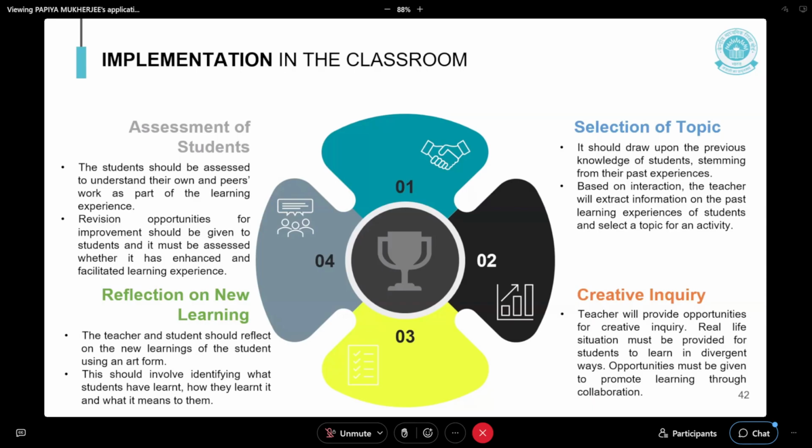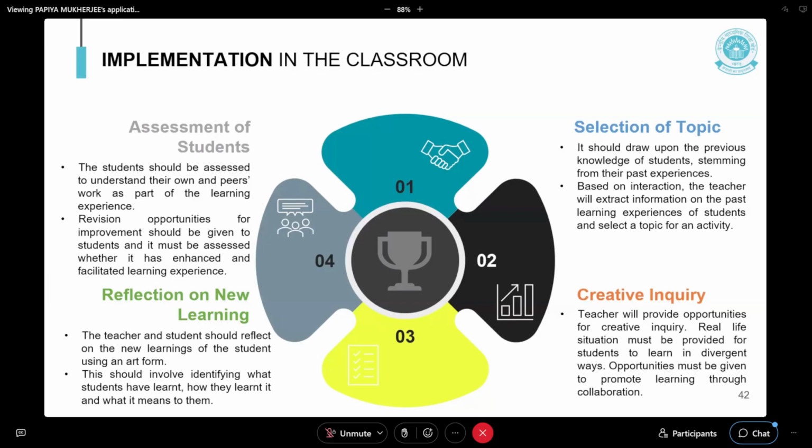It should provide reflections on the new learning of the student using the art form. Teachers need to do a lot of reflection. Identify what students have learned, how they have learned, and what the new learning actually means to them.